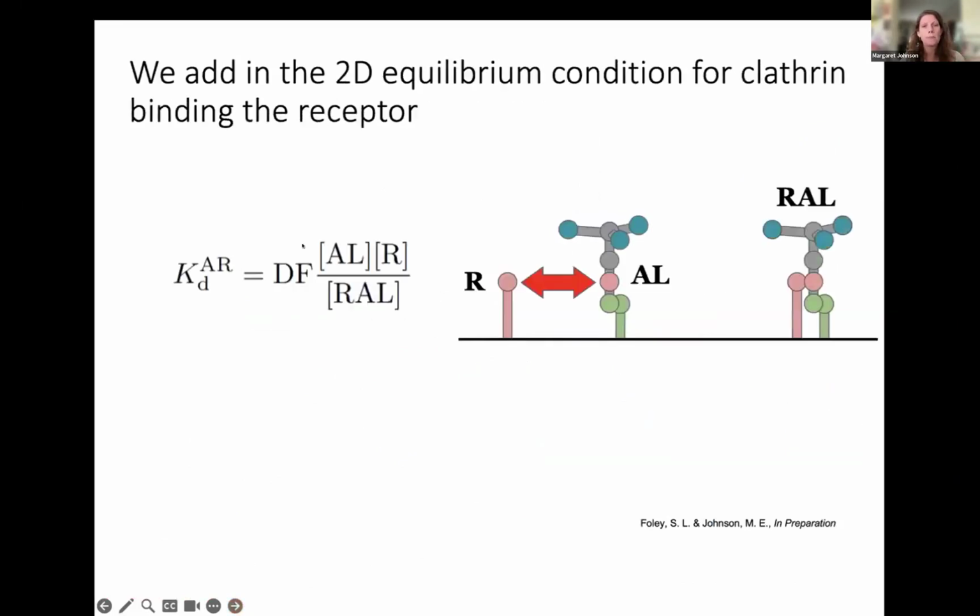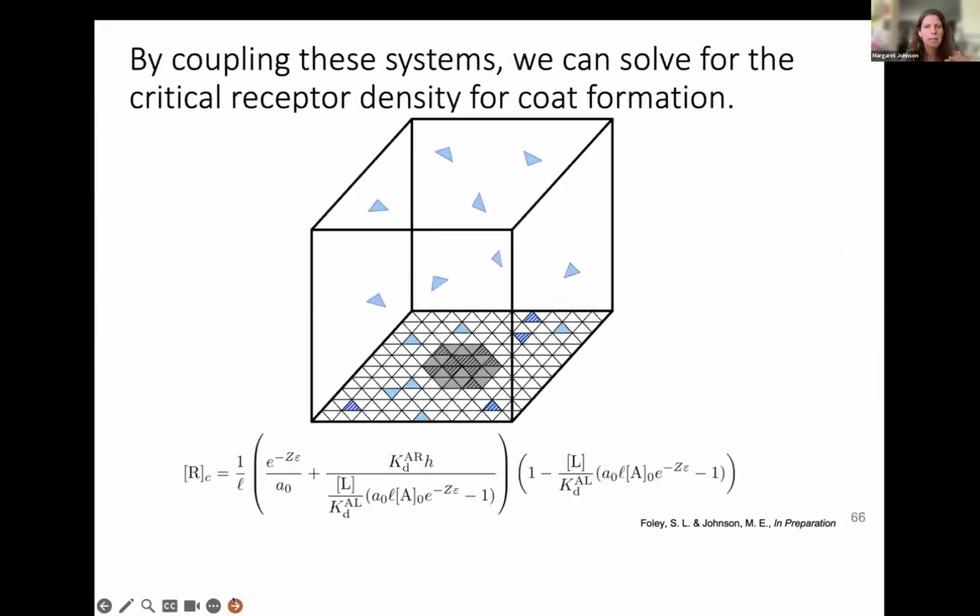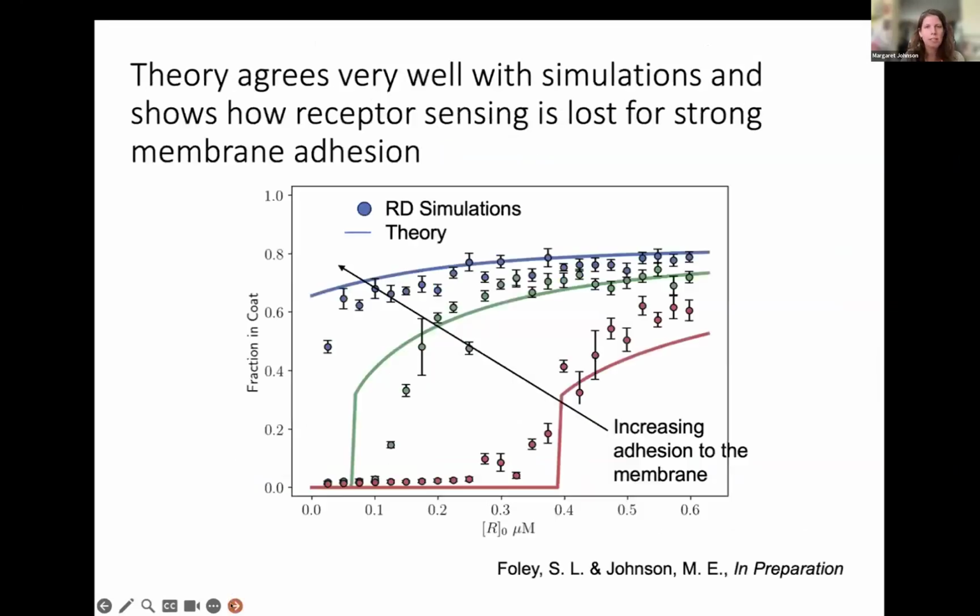We add in binding to the receptor. Now we have a dimensionality factor because it's 2D. And then finally, now we have the full system, right? Things can move back and forth, 3D to 2D, with and without the receptors, and we can actually predict this receptor critical concentration. And finally, we can see that the theory, which is in the lines, actually agrees really well with the simulations.